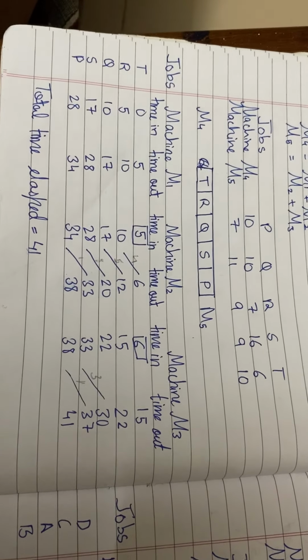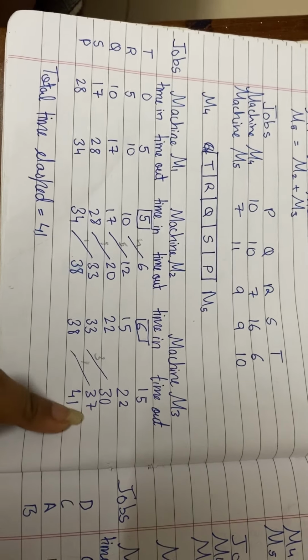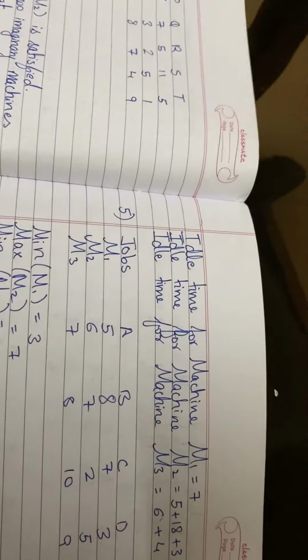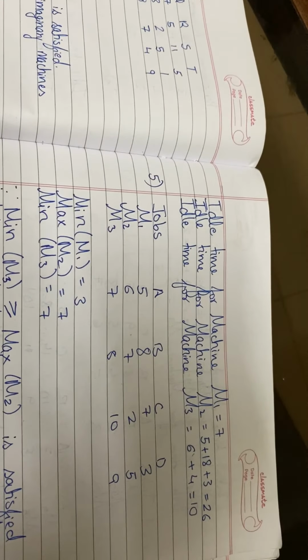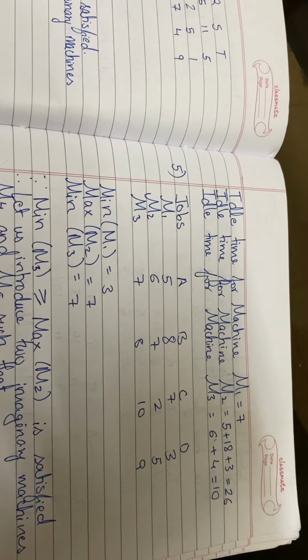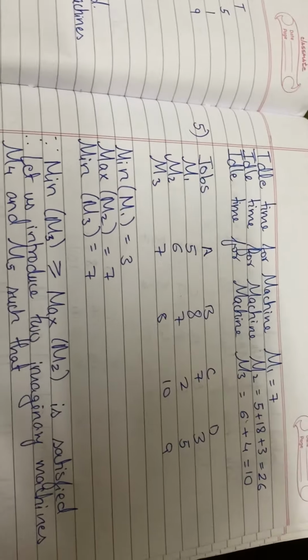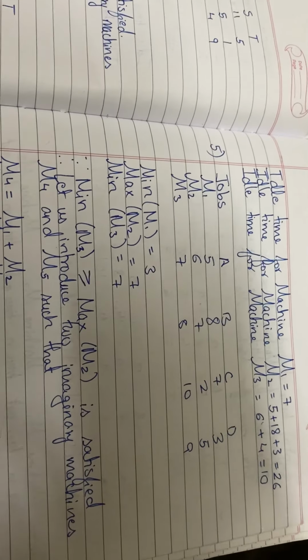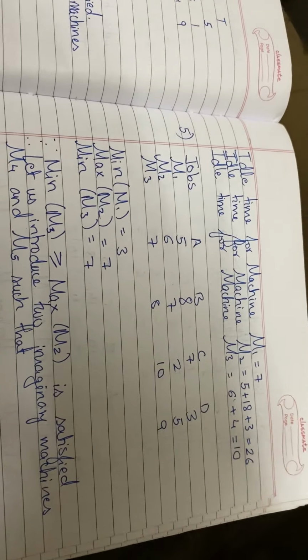So for total time, you write the last column, last bottom answer. And for idle time you get it by adding those numbers. Yeah, that's very much how you do it. Very easy.